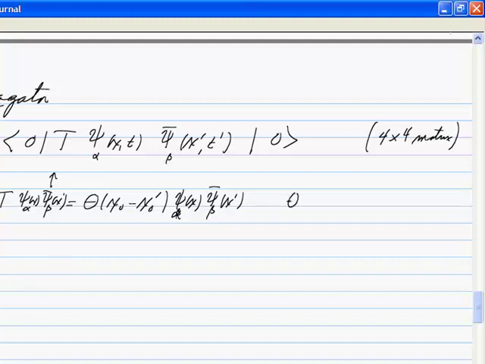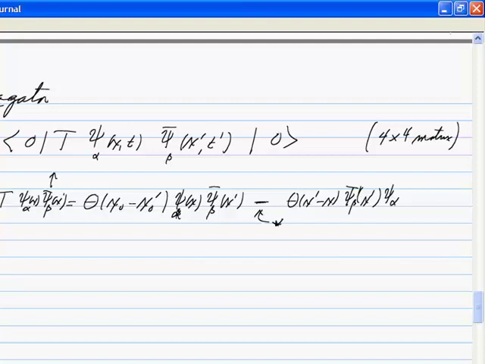And if x prime is bigger than x, it's the reverse ordering, psi bar beta of x prime, psi alpha of x. But there's a minus sign right there. I saved that for the end.